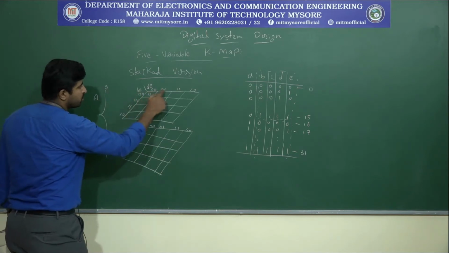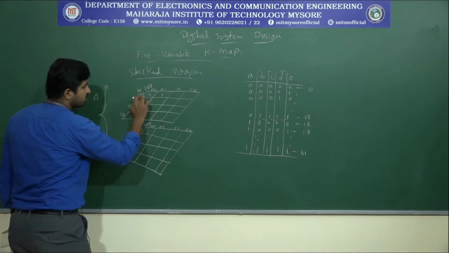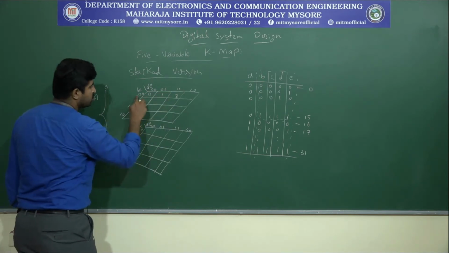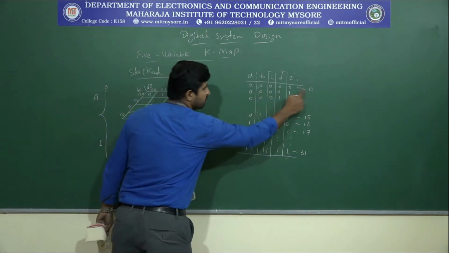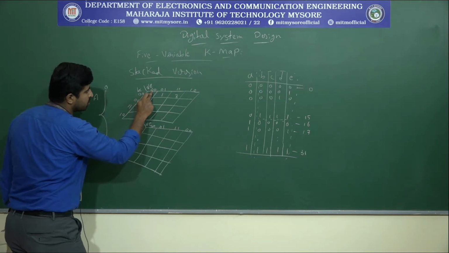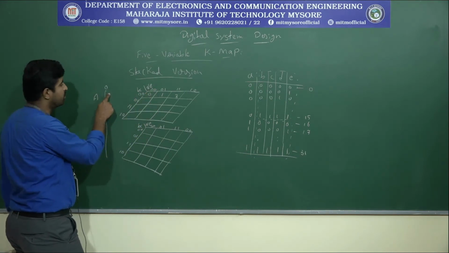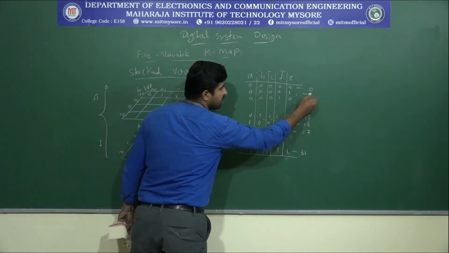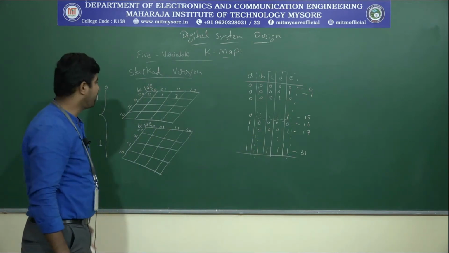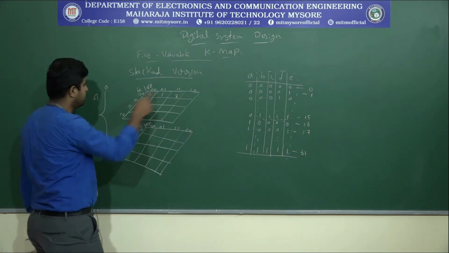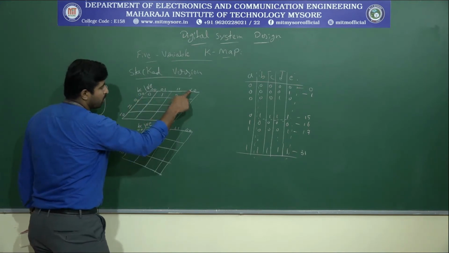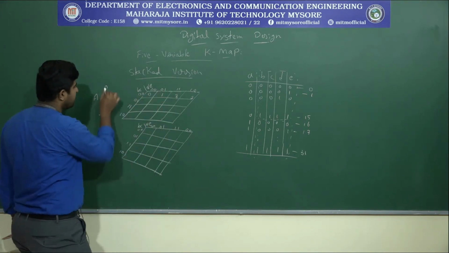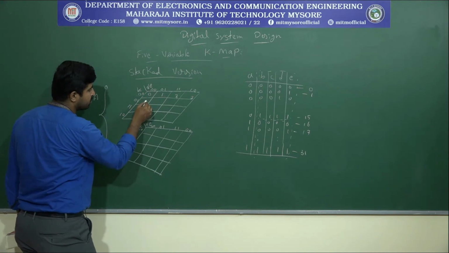Next 0, 0, 0, 0, 1 corresponds to the row or cell number 1, so that's why I wrote a 1. Next 0, 0, 0, 1, 0 corresponds to 2. Next 0, 0, 0, 1, 1 is 3. Similarly 0, 0, 1, 0, 0 corresponds to 4.